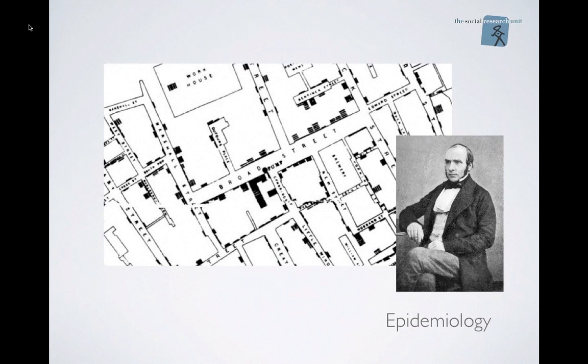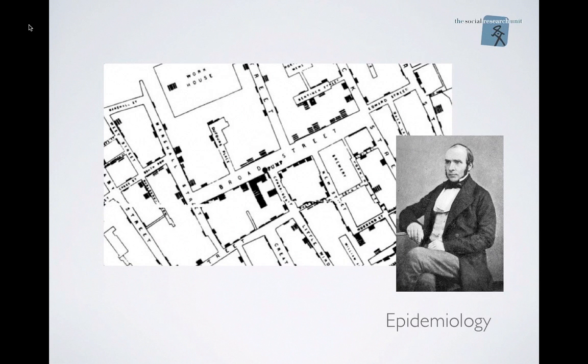You may know the story of the Victorian doctor John Snow. Working in 1854 in what is modern Soho in London, he plotted deaths from cholera on a map. Each small rectangle on this map is a coffin representing a death from cholera.